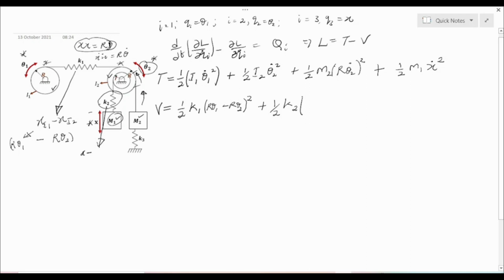And the displacement as a result of pulley I2 is the product of the radius times the angular displacement of pulley I2. For this case, we are using small radius r because the string is attached to the smaller pulley that has radius r. So therefore, the potential energy as a result of spring K2 is equivalent to half K2 multiplied by x minus r theta 2, all squared.